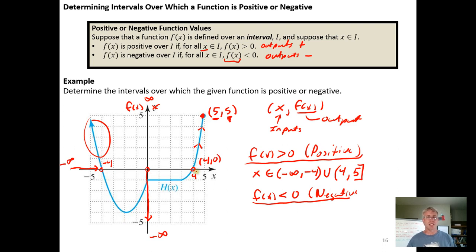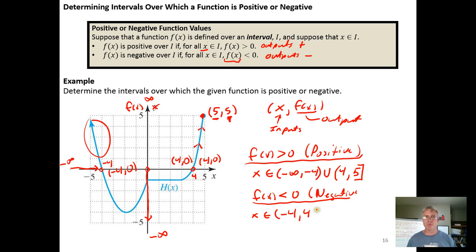So where is the graph below the x-axis? That's going to occur when x is an element of the interval starting at -4. Again, we don't include -4 because at -4 the output is 0, and 0 isn't a negative number. And we run all the way over to x equal to 4. We have the ordered pair 4, 0 right here.